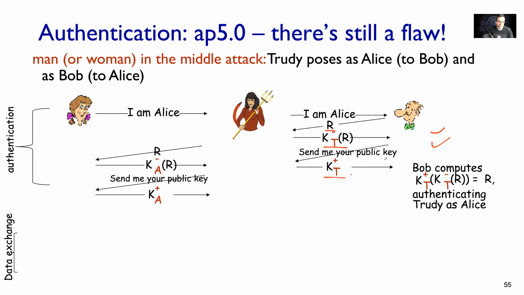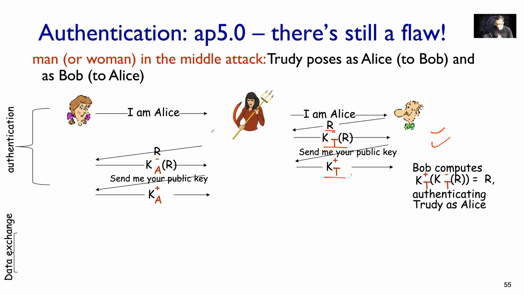Trudy can continue that same protocol with Alice. This is strictly not needed, but it is just to convince Alice that she's actually going through that authentication. So she can send this same nonce here, get Alice to follow the steps, essentially send the encrypted version of the nonce, get Alice to send her public key, and so on and so forth.